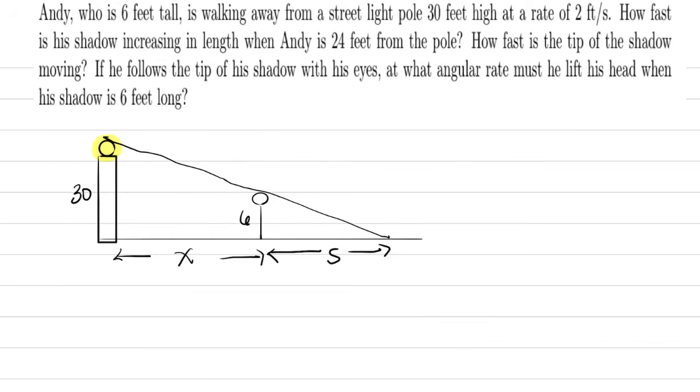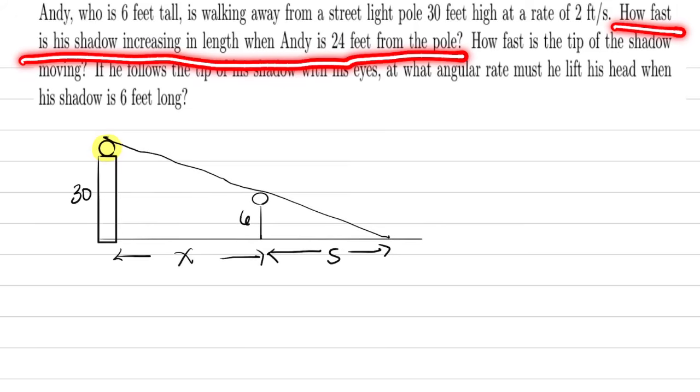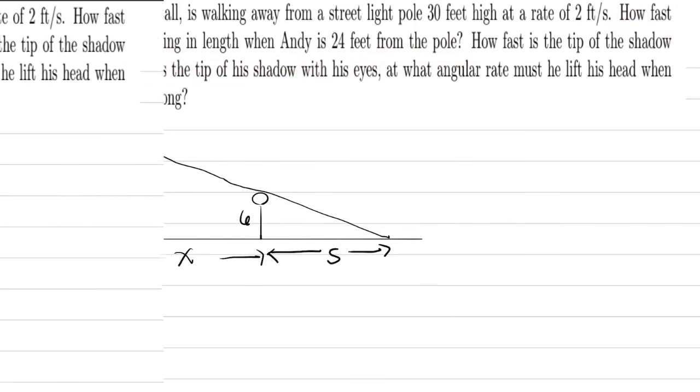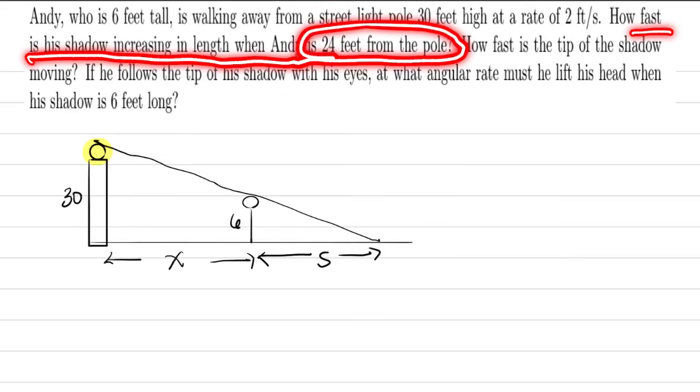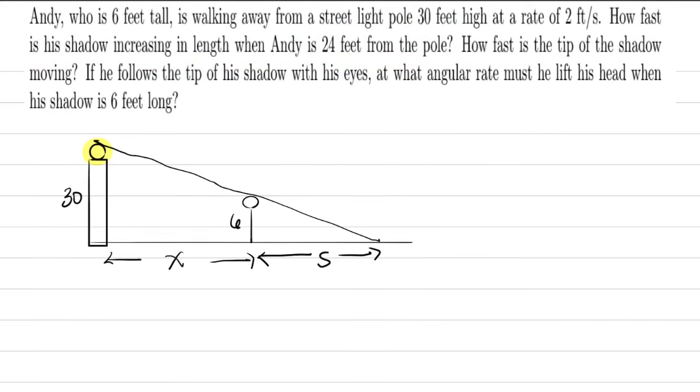So for the first problem, we want to know how fast his shadow is increasing in length when Andy is 24 feet from the pole. Okay, since we now have the illustration, we can answer the problem. But first, we should write what we know.